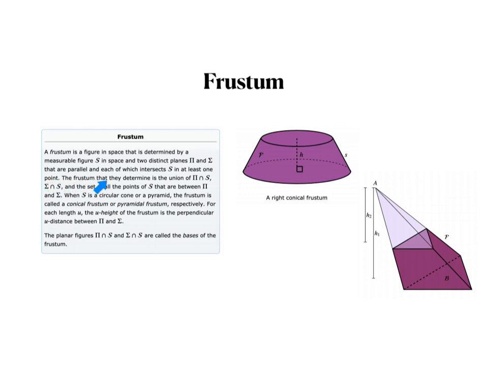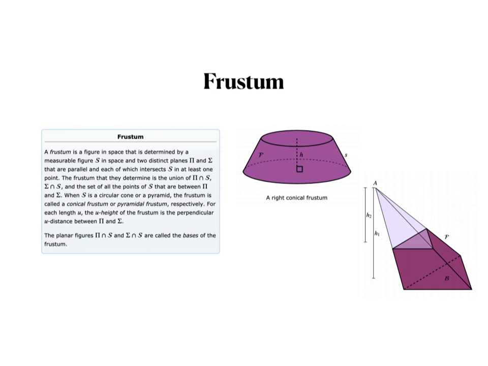The frustum that they determine is the union of pi intersect S, sigma intersect S, and the set of all points of S that are between pi and sigma.